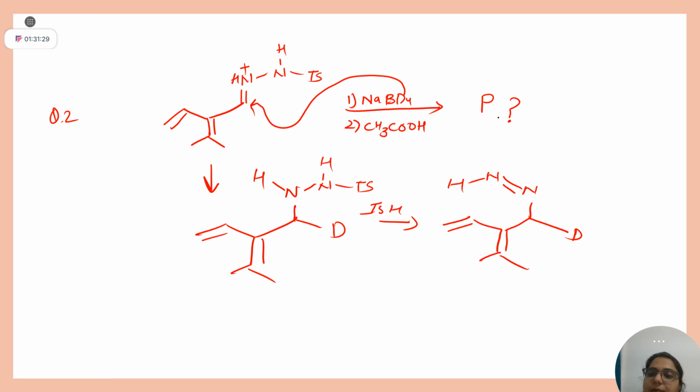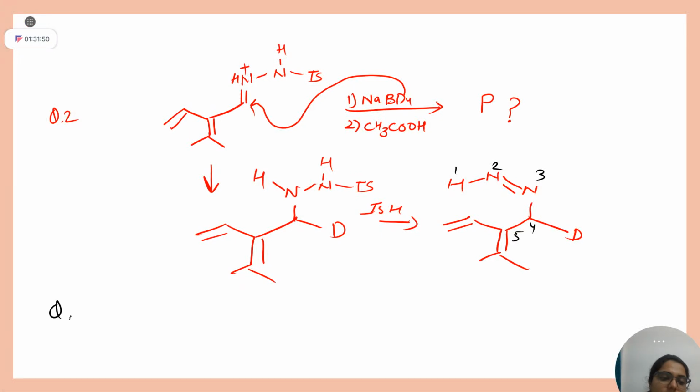Now you may ask, ma'am, one, two, three, four, five. Okay. And here it is clear, it will transfer hydride here. This double bond will shift here and you will get the product.